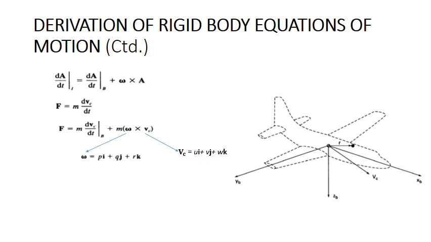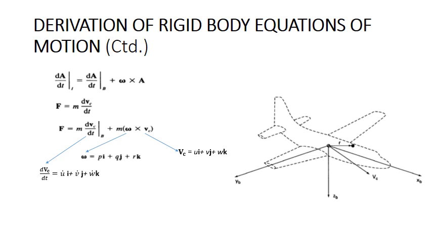So this is the angular velocity vector with respect to the body axis, and this is the linear velocity vector with respect to the body axis. And dVc by dt equals u dot i plus v dot j plus w dot k, and this is the linear acceleration vector with respect to the body axis.